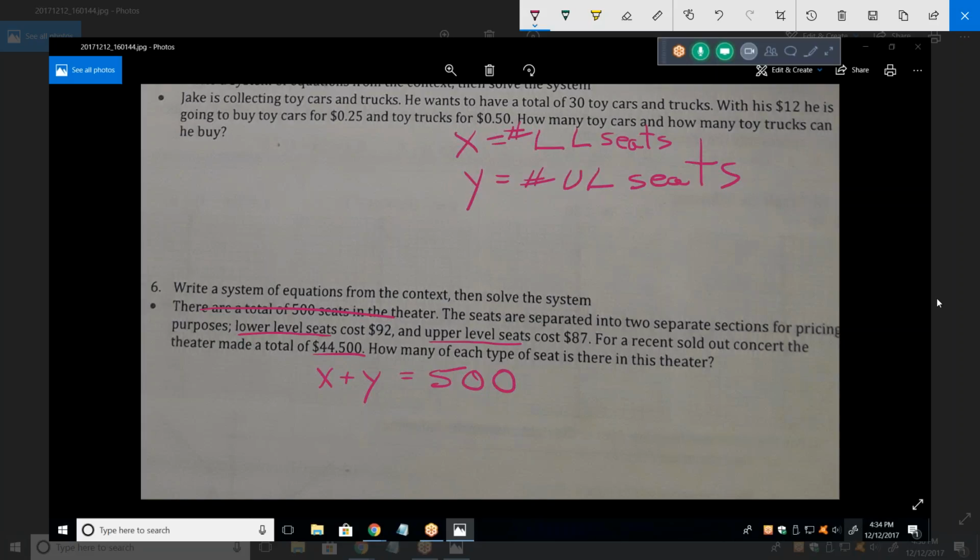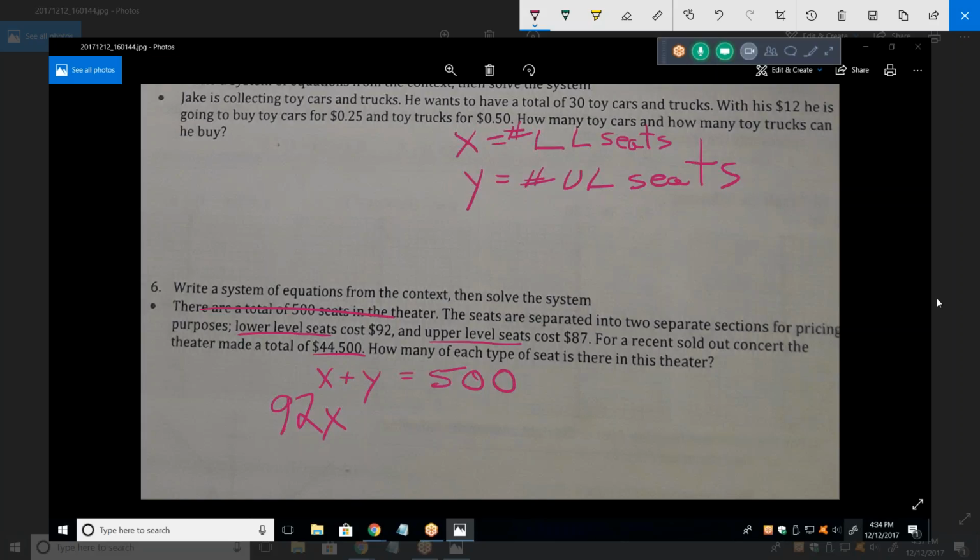Oh, $92. So 92 times X. That's the total amount you're going to get for all the lower level seats. If there are 100 lower level seats in the place, you're going to get $9,200 if you sell them all. So it's always the price times the number of seats.